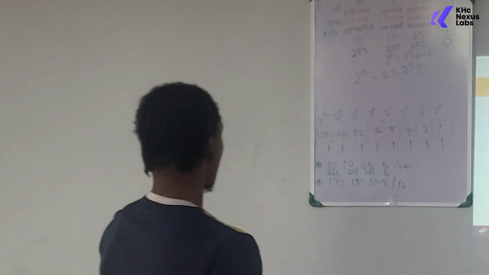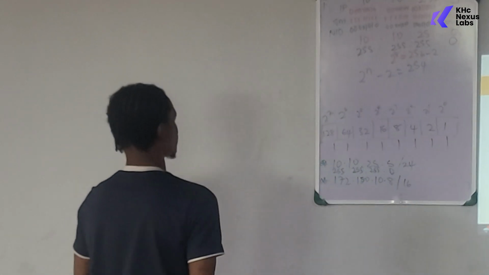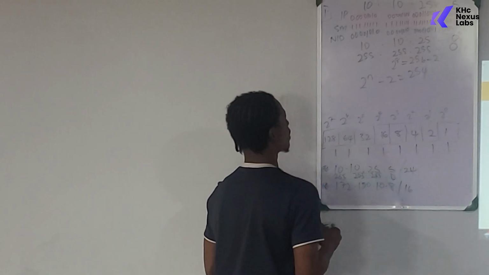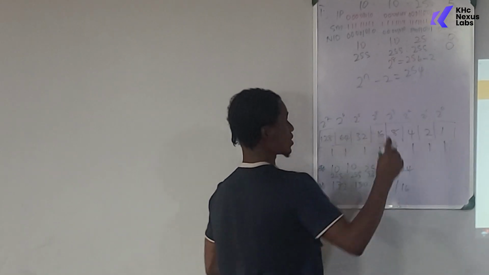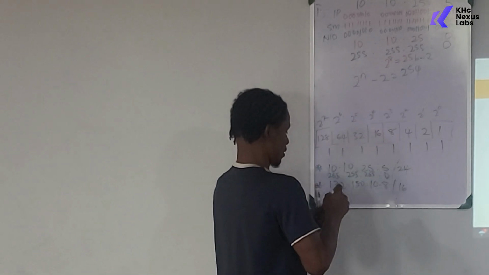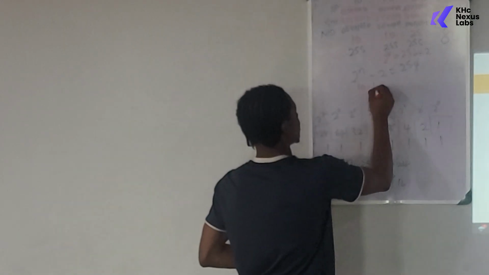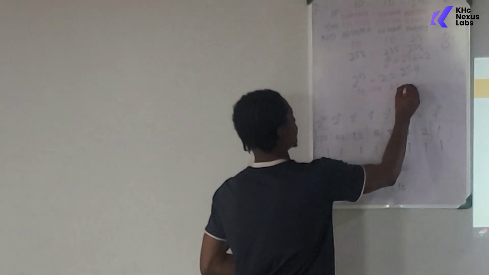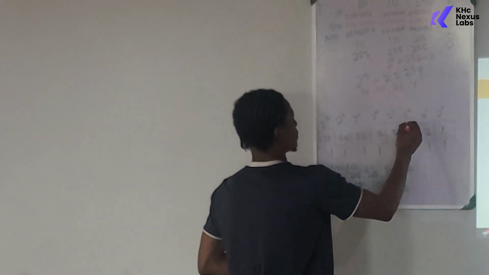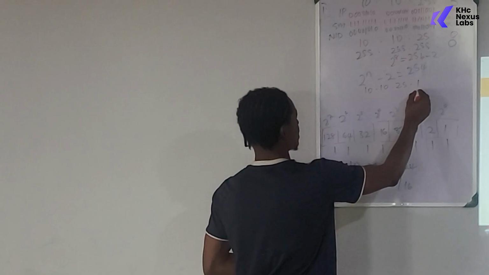So you see that we've been able to see how you can use a subnet and assign IP addresses. When you're assigning IP addresses to the host devices, it could look something like 10.10.25.1. This will be the first IP address you are assigning.